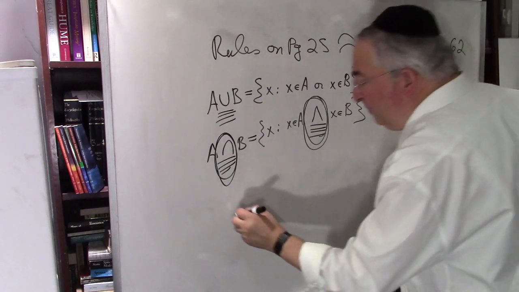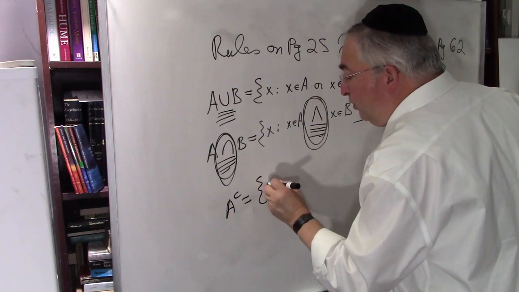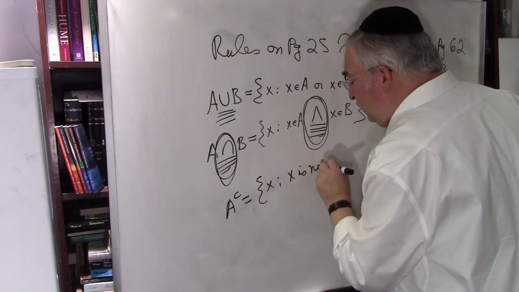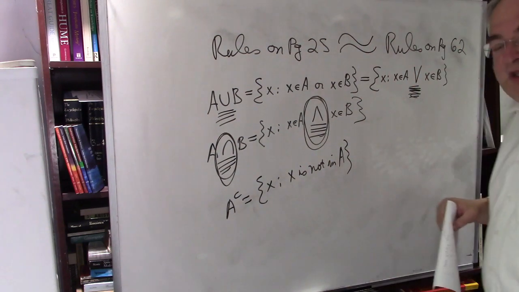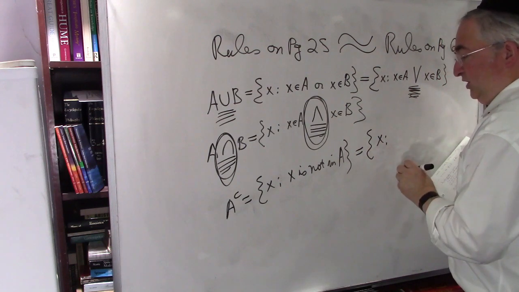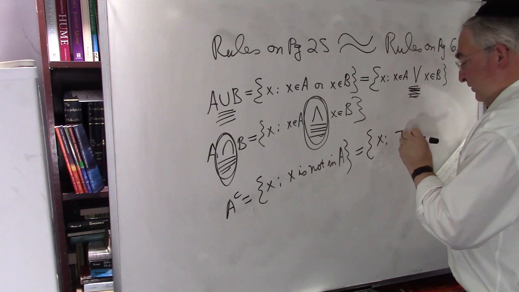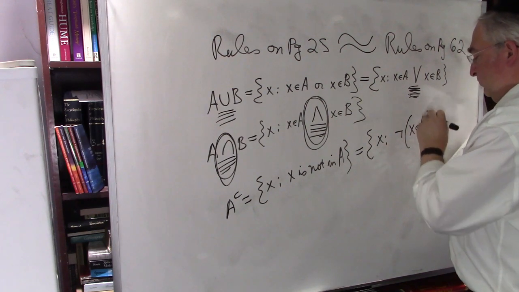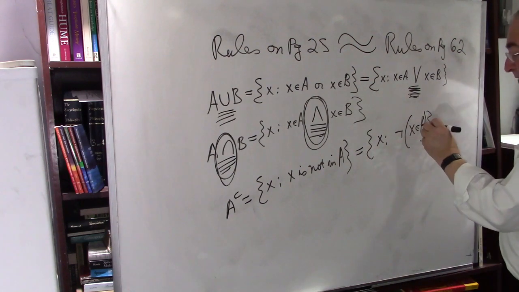Great. Let's talk about the complement. A complement is equal to those X such that X is not in A. Let's put it in a little bit more symbols. This is the same as those X such that not (X member of A).